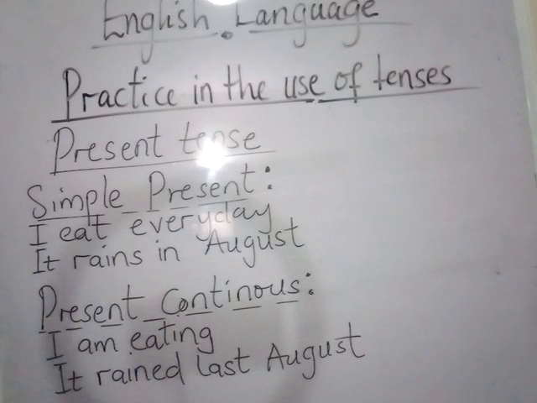Now for present continuous, this one refers to an action that is going on currently, something that is happening right now. For example, I am eating. That means as I am talking now, I am eating. It's not a pattern, it's not a habit, it's not a routine. It is something I am doing right now.